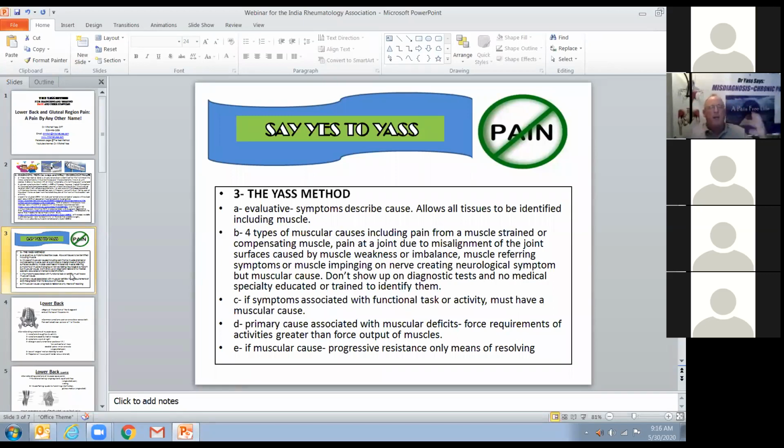Difficulty breathing and upper back pain represents pneumonia of the lung. So the idea of diagnosing should be based on the idea that we're trying to establish what is the tissue in distress that's eliciting these symptoms, so the appropriate intervention can be performed to allow that distress to be resolved.